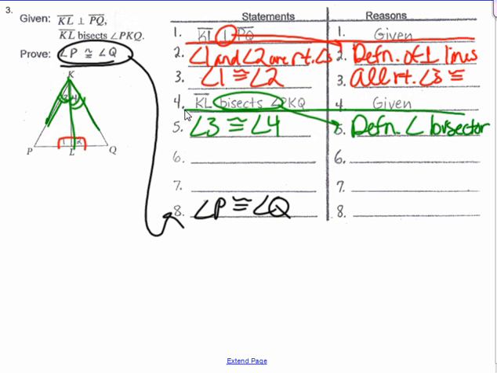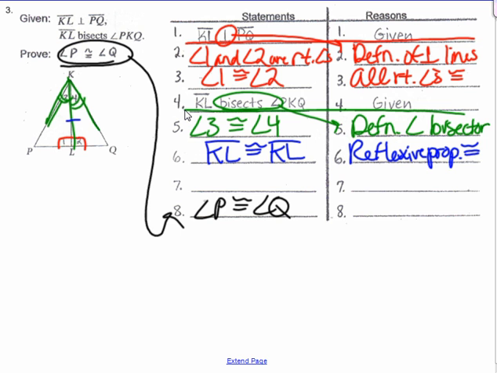So this is where I start looking at my go-tos. Okay, I have vertical angles or reflexive. Well, looks like reflexive. I'm going to say KL is congruent to KL by the reflexive property of congruence. After I have blue, that's a congruent part, I can say my triangles are congruent.